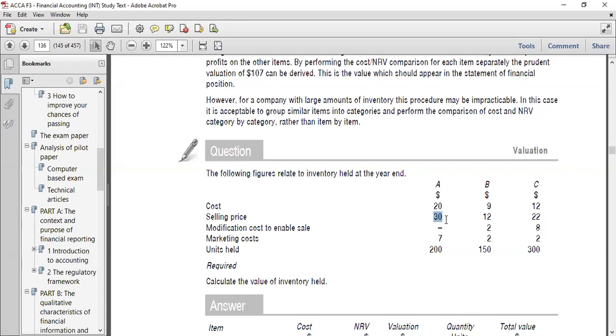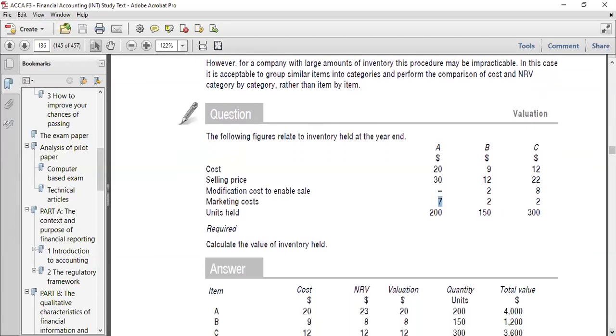And they have told us that we should less any costs that gets this inventory to be sold, which in this case they have given us a 0, and then it goes ahead to ask us to remove any selling cost, which selling costs we are seeing to be a 7, okay?